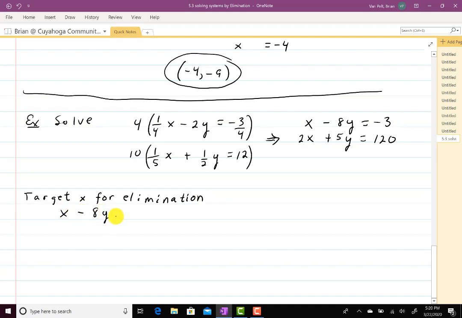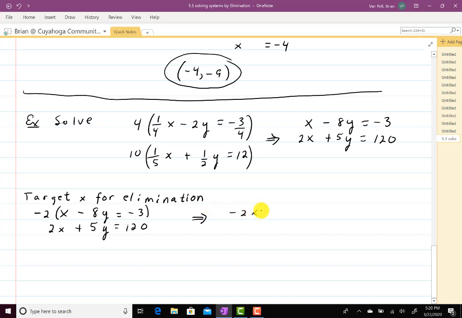So let me rewrite my equations down. All right, so now, interestingly enough, I see this has a 2x, this just has an x. If I multiplied the first equation by -2, I don't have to do anything to the second equation because I'll have a -2x already and a +2x. Perfect. Let me go ahead and write down what these new equations are.